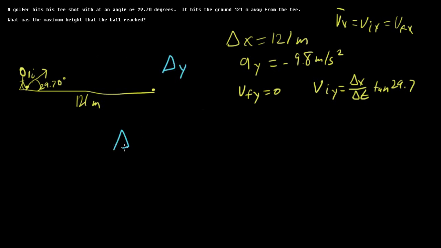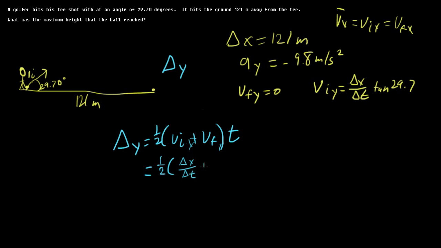So we can say delta y equals 1/2 (v_i plus v_f) times t. Now watch what happens. Let's plug in 1/2. Instead of v_i, these are all y's, we're going to write delta x over delta t tangent of 29.7.